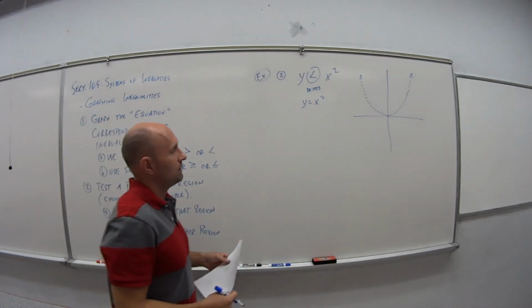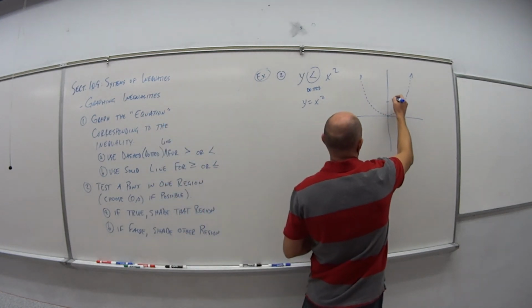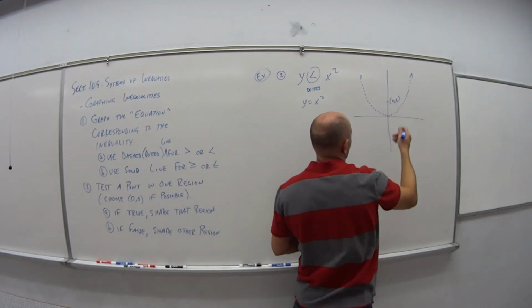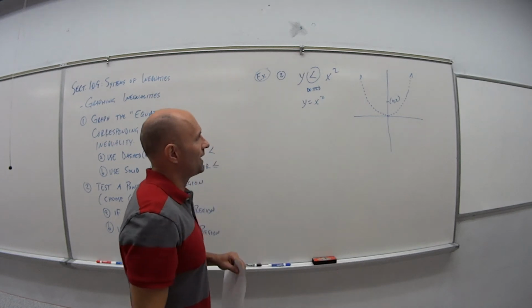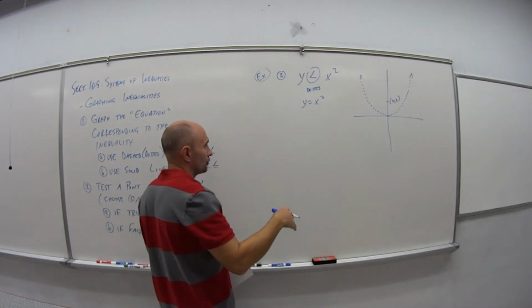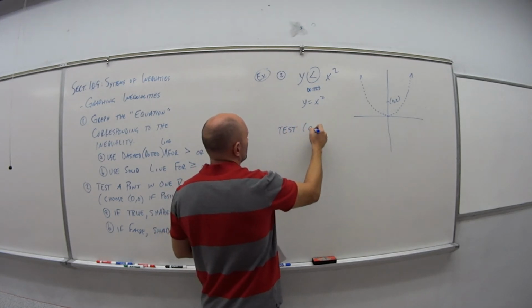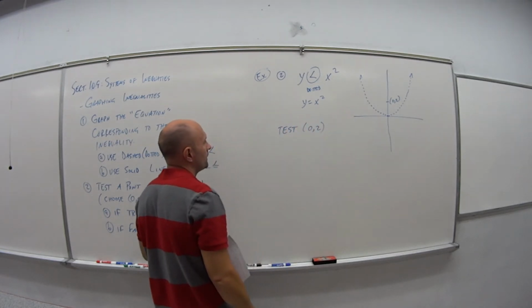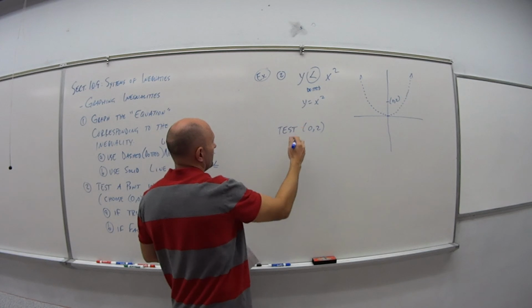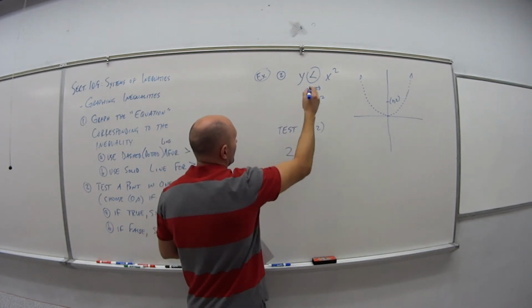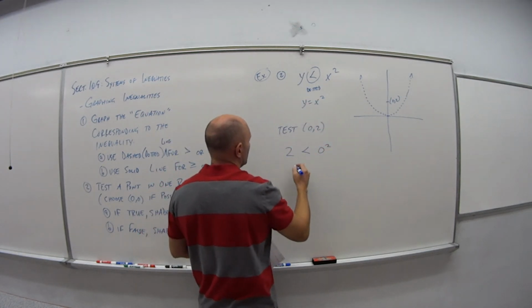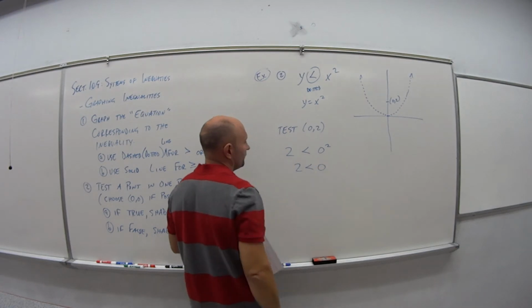Pick a test point. So again, I'm going to choose the point 0, 2. You can choose whatever you want, as long as it's not on the line or on your curve. So I'm going to test 0, 2. If I plug that in, y is equal to 2 is less than 0 squared. 2 is less than 0.